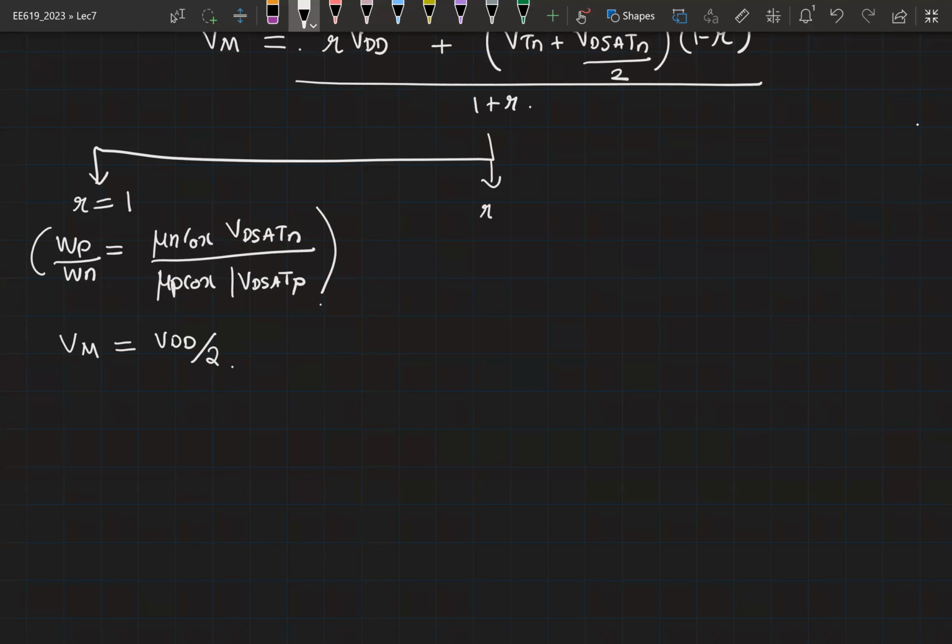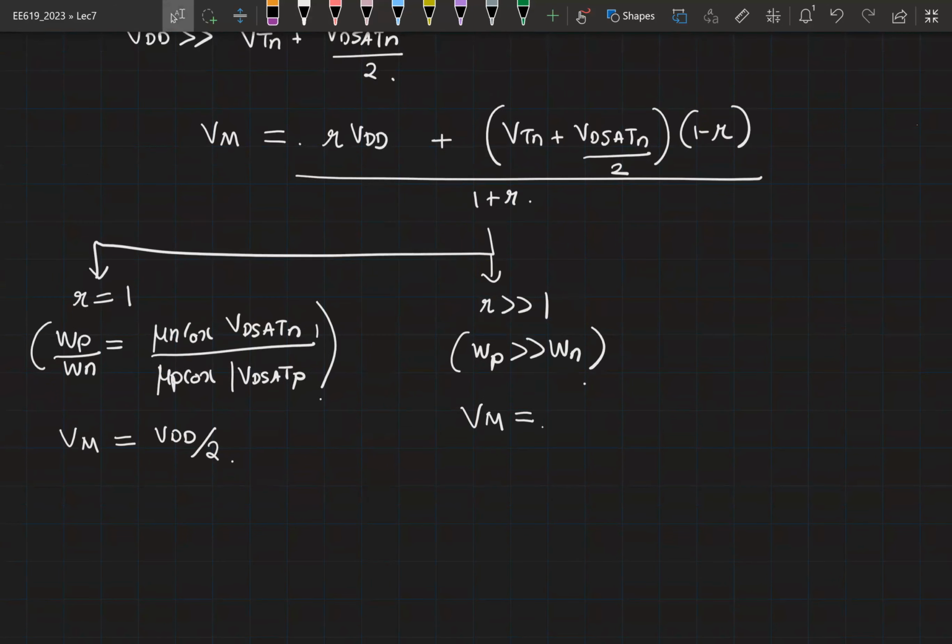Now, if R is much, much greater than 1, that means WP is much, much greater than WN. So how much greater? It should be much, much greater than this factor, right? In this condition, what can you say about Vm? Can you look at the equation and tell me? So R is much, much greater than 1.